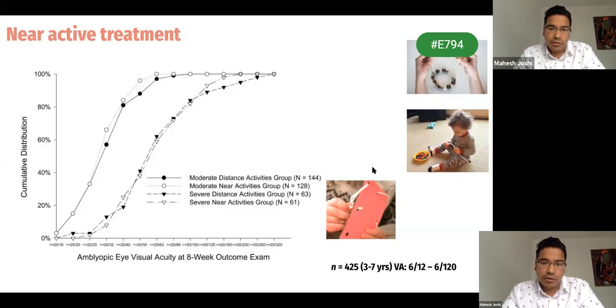In this study, they prescribed just distance activity to one group of children and near activity to another group of children, and they didn't find any difference between these two. So basically prescribing this near activity treatment in terms of coloring books or threading and those kind of stuff, this is not scientifically shown to have any effect on visual improvement, right?